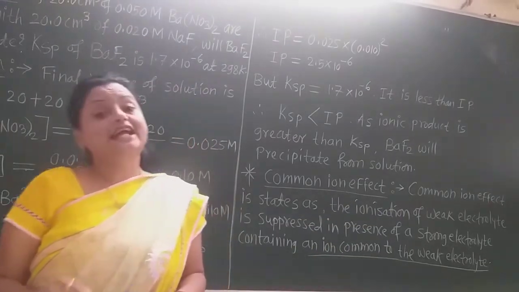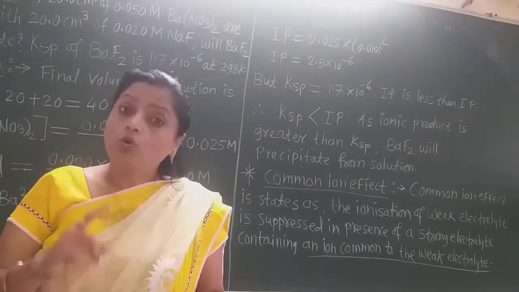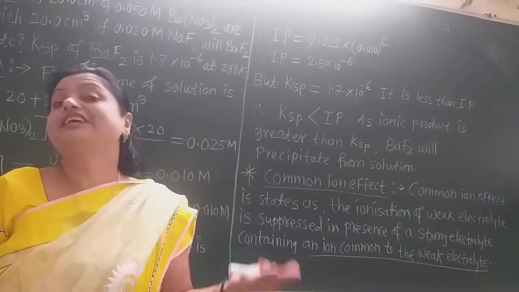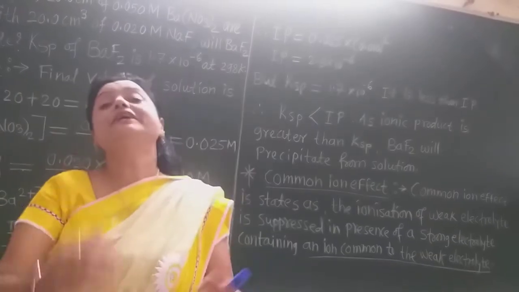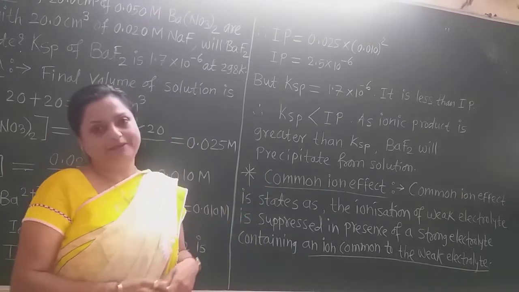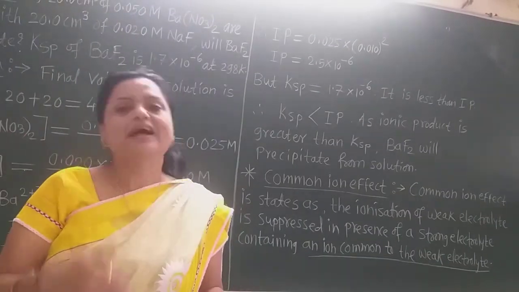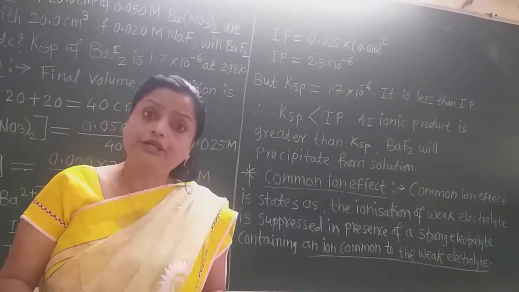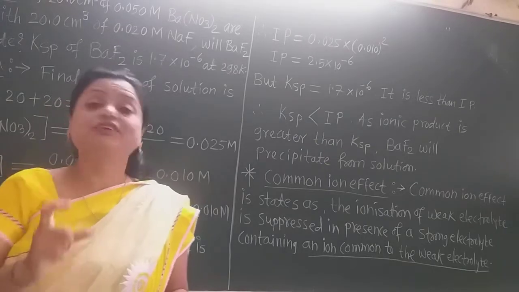That means that the strong electrolyte must have one ion common with that of the weak electrolyte. Then and only then the ionization of the weak electrolyte becomes suppressed. That is why this effect is called the common ion effect. The ionization of the weak electrolyte gets suppressed by addition of the strong electrolyte containing an ion which is common to that of the weak electrolyte.